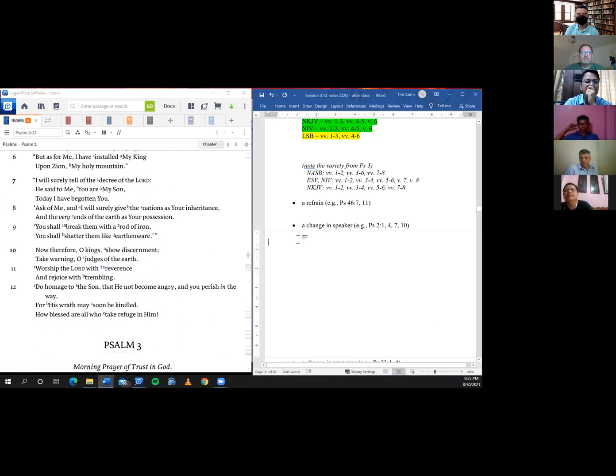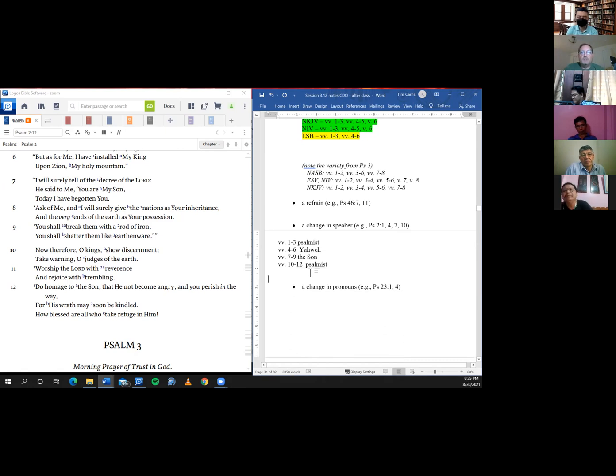So we see by either change in speaker or the focus, verses 1 to 3, the focus is the psalmist and what he has to say, verses 4 to 6, the focus is Yahweh. Verses 7 to 9, the Son speaks there. And then verses 10 to 12, we're back to the psalmist. Okay, so that helps us see the structure in this particular psalm.